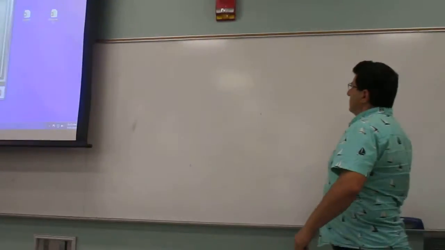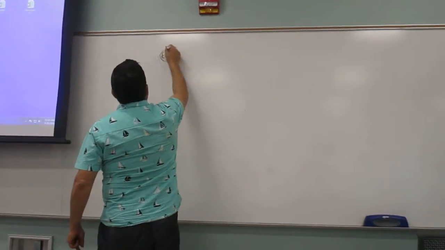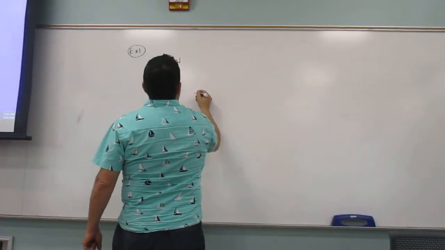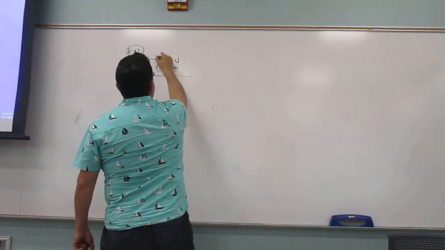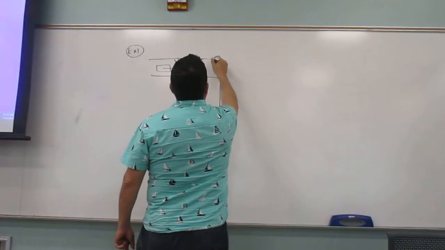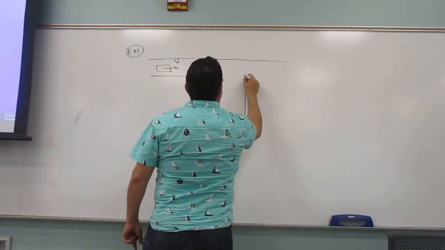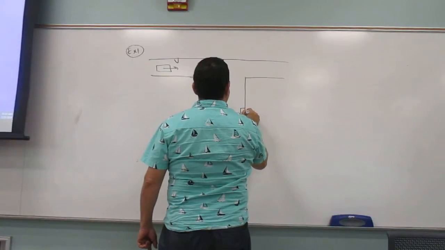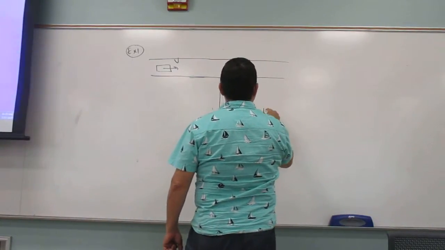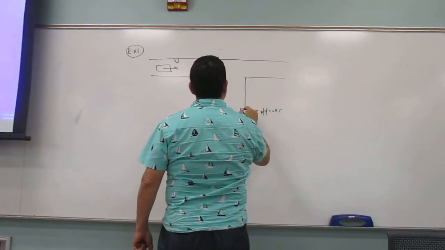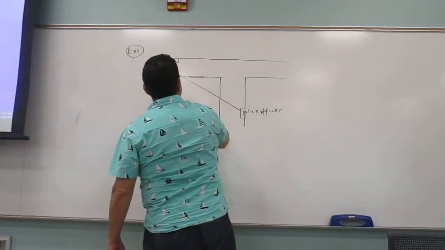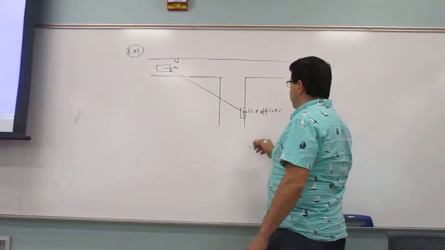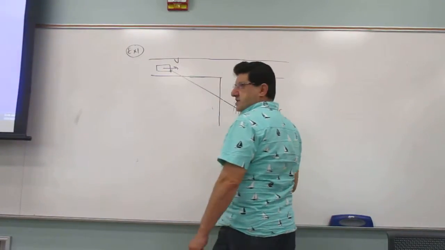Okay, so let's say there is a car driving like this, and imagine this is the road. There's a nasty police officer here. So the police officer is pointing the radar gun, right? What's the frequency of radar usually?